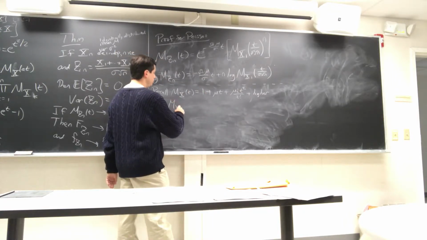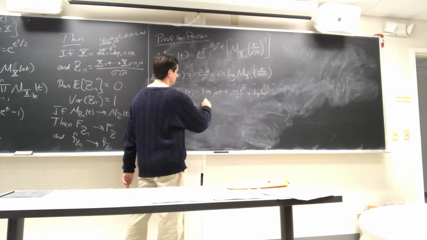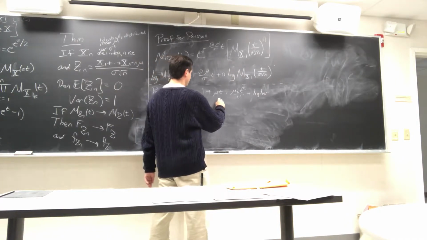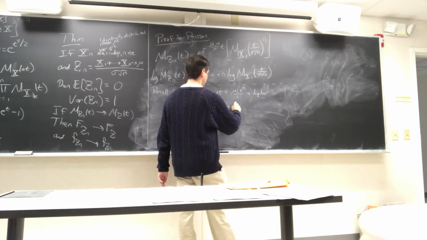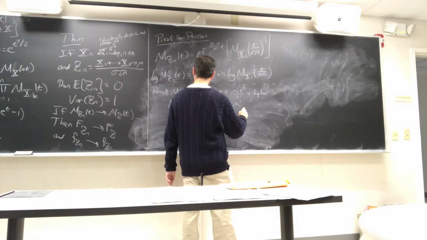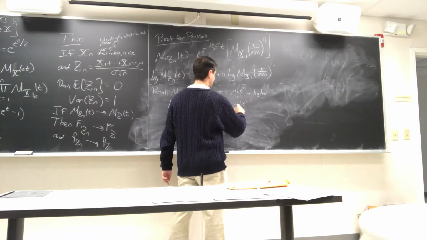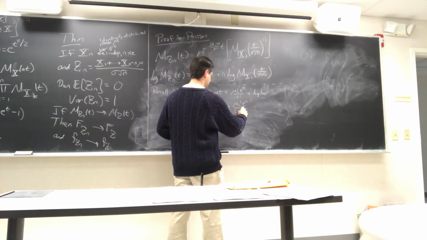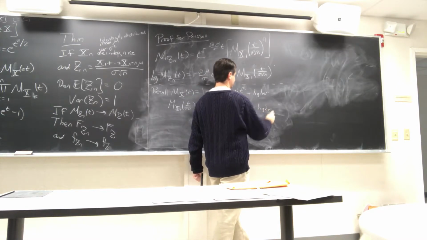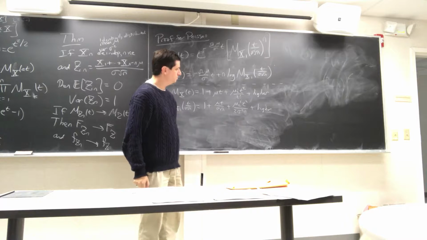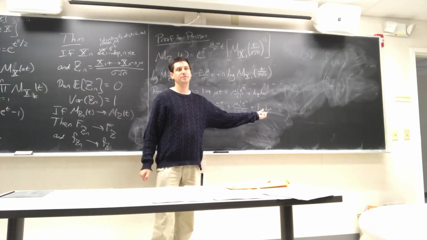So now we get the moment generating function of x1 at t over sigma root n is going to be 1 plus mu t over sigma root n plus mu 2 prime, and I have to take the square of this, so I'll get t squared over 2 sigma squared n plus higher. And the higher order term is going to have at least a 1 over n to the 3 halves.